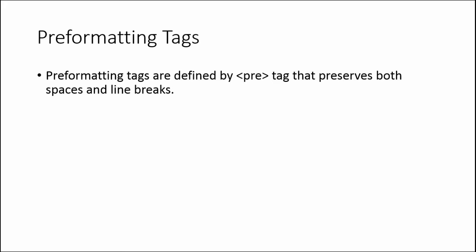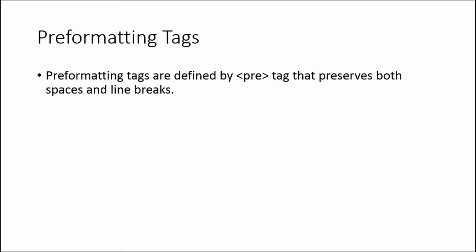But have you ever thought, if you provided learning and then 5-6 spaces and HTML in your text editor, and you see it in your browser, what it will be like? Whether it will be learning 5-6 spaces then HTML, or simply learning one space HTML. In that case, there will be only learning one space HTML. However, if you would like to have learning 5-6 spaces and HTML, then you can simply have it through the preformatting tag.